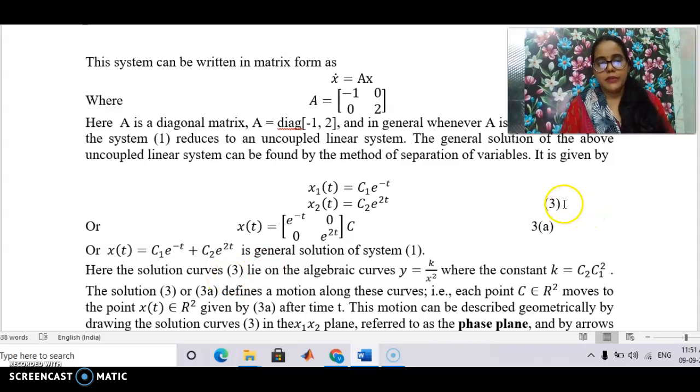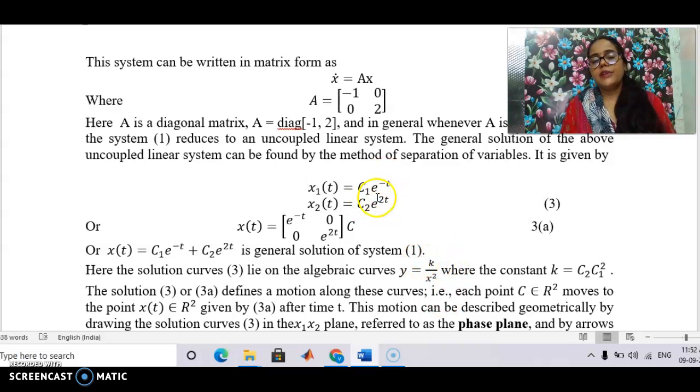Now from the equation number 3, the solution curves 3 lie on the algebraic curve y equals to k upon x square. From this equation number 3, x1 or x2, c1 or c2, e to the power minus t, e to the power 2t, when you simplify it, then if x2 is y or x1 is x, so you get the algebraic curve like that way.